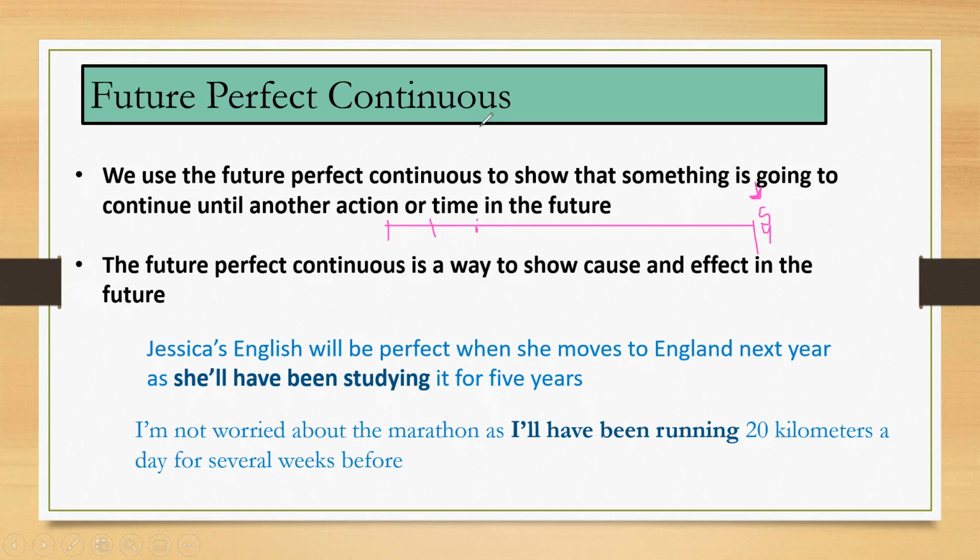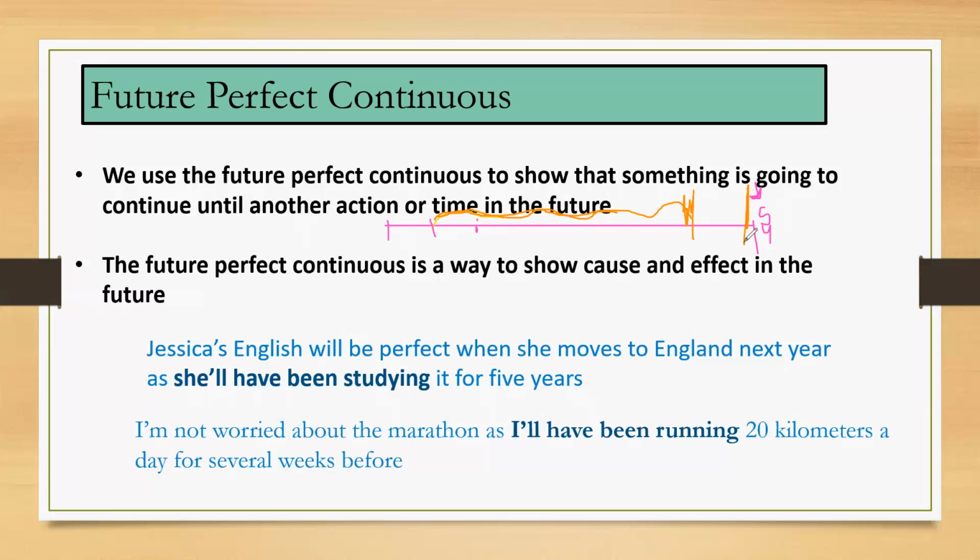But what about if that action will still continue until it gets to complete, okay? ¿Qué pasa si esta acción continúa realizándose durante todo este tiempo hasta que una acción la detenga o hasta que lleguen los 5 años? So that would be the future perfect continuous.